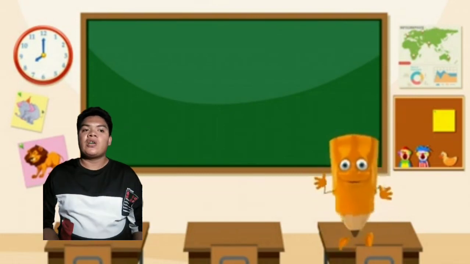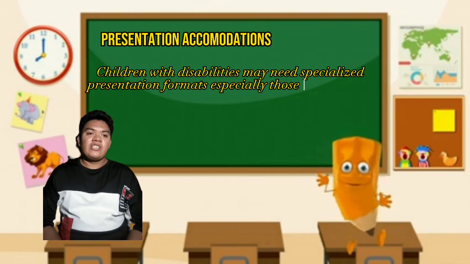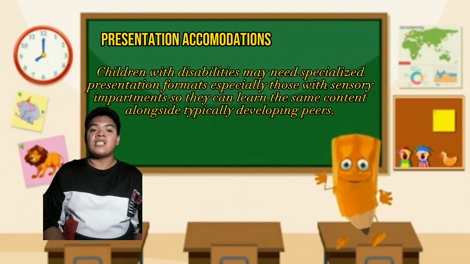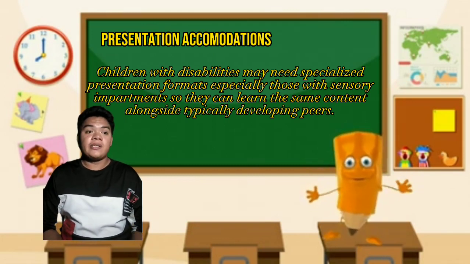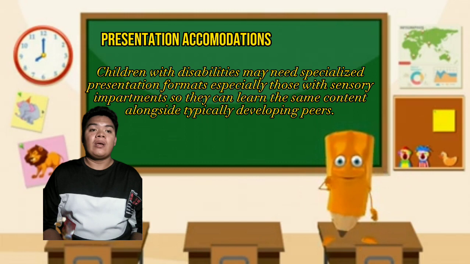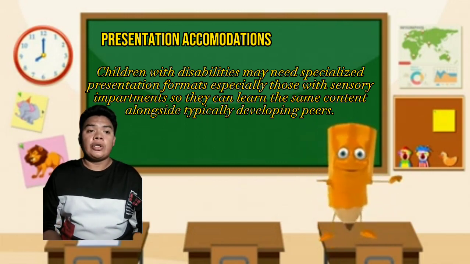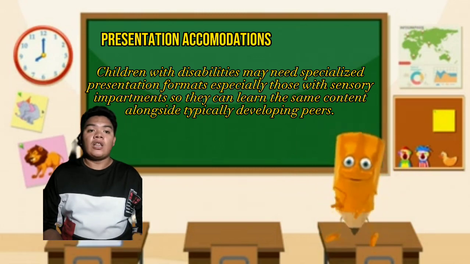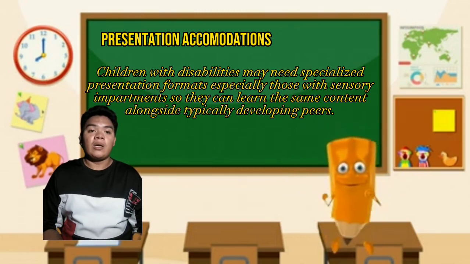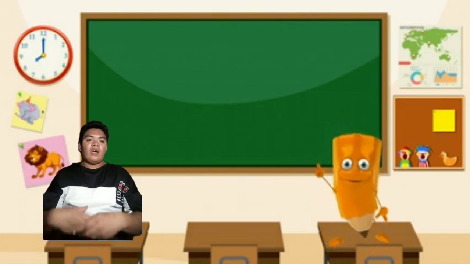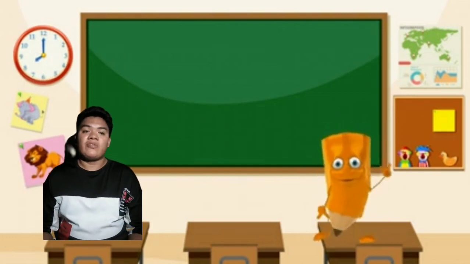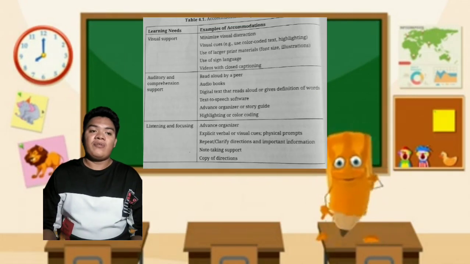And now we're going to talk about presentation accommodation. Children with disabilities may need special presentation formats, especially those with sensory impairment, so they can learn the same content alongside typically developing peers. So we have here learning needs and examples of accommodation. First, we have visual support.